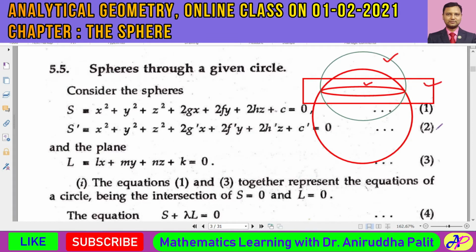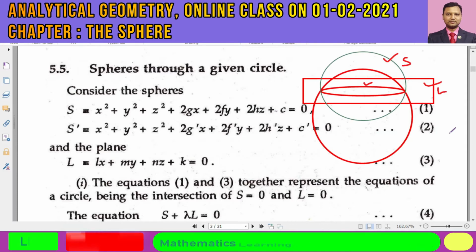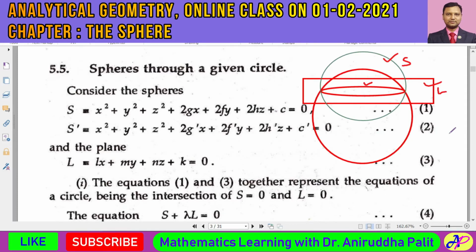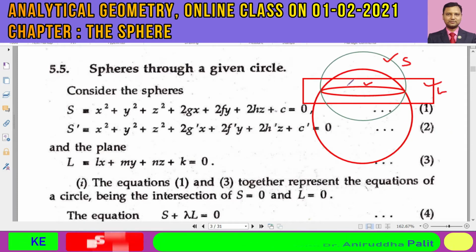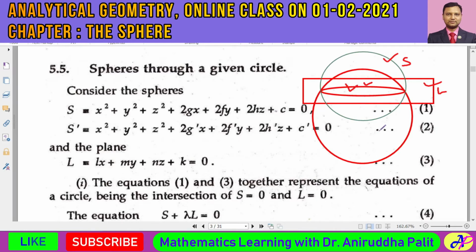This might be the sphere S, and this might be the plane L. So a circle can be considered as the section of this kind of sphere S and this kind of plane L.